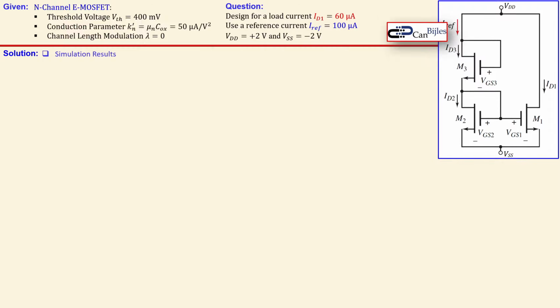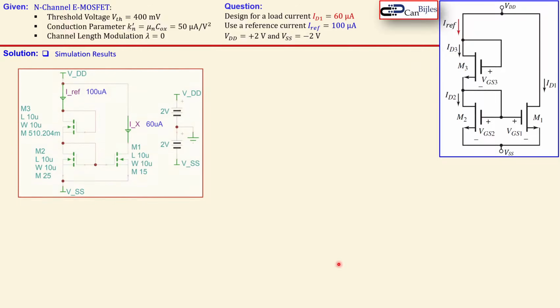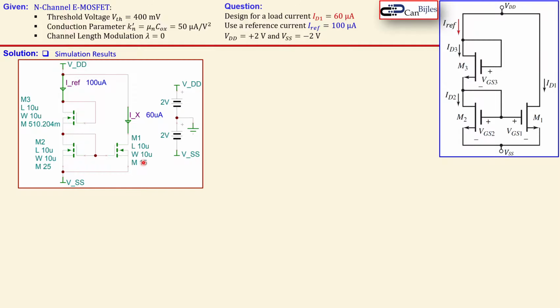Now let's get to the simulation results. This is the simulation result. You see here M1 with the length and the width as unit values, and how much we need to multiply that unit selection of W and L. For example, if we set L to 10 micrometers and W also 10 micrometers, it means you need to multiply W by 15, so you need to make it 150.